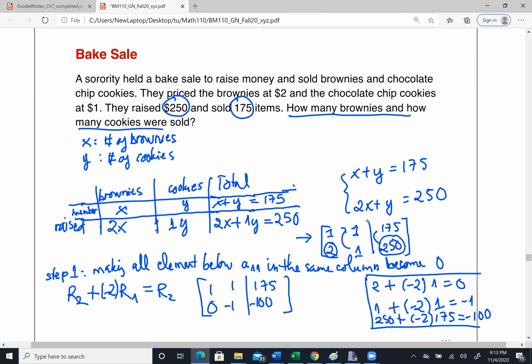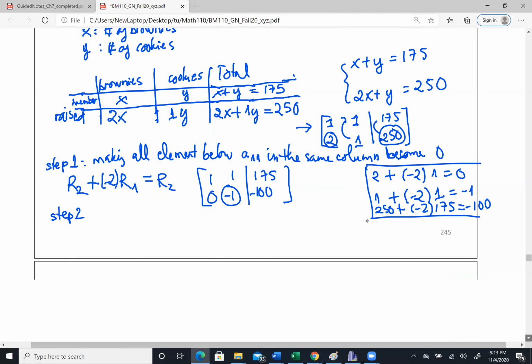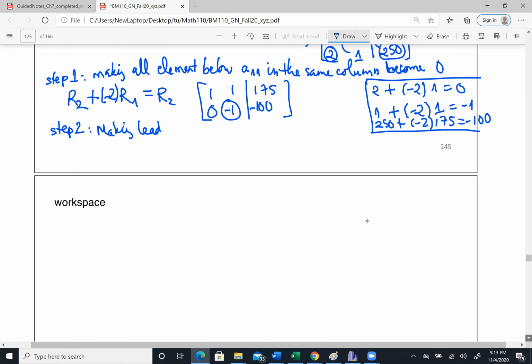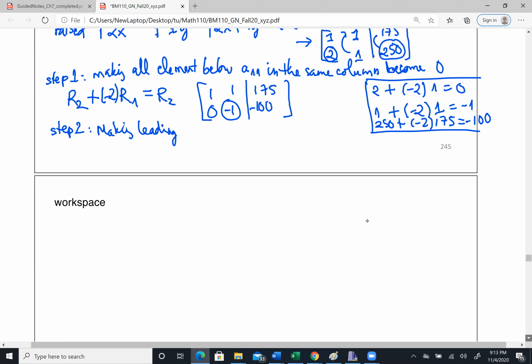So the next step, I want to make this one become 1, right? Step 2, making leading 1 for the second row.